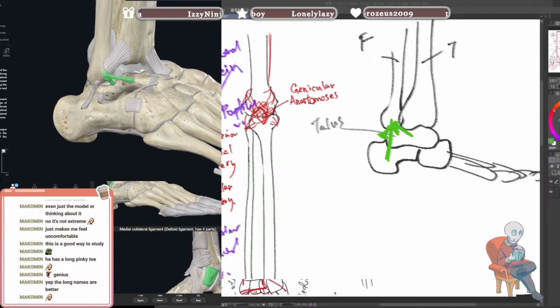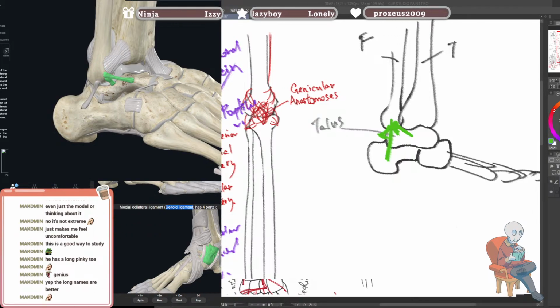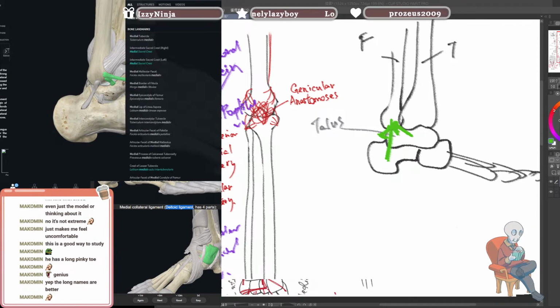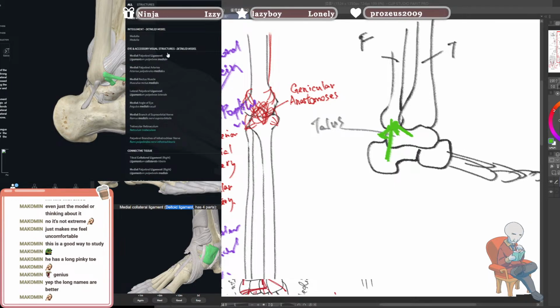Okay, calcaneofibular and medial collateral ligament. This one I need to check because I'm not sure if I need to remember those 4. Yeah, you see deltoid, delta. It implies there are 4 parts to it. Medial collateral ligament of the foot.